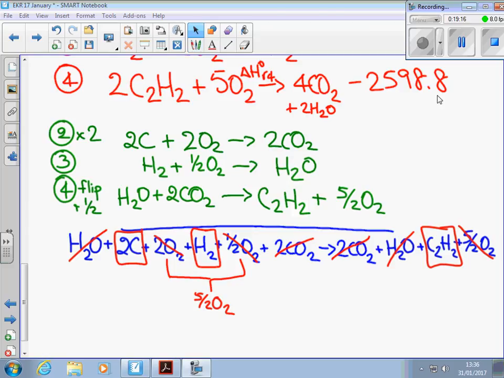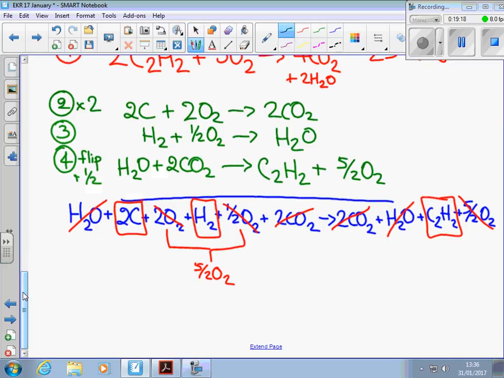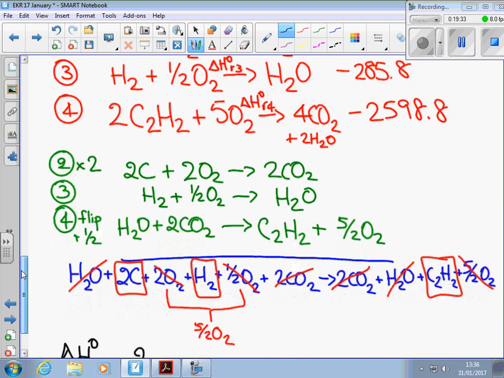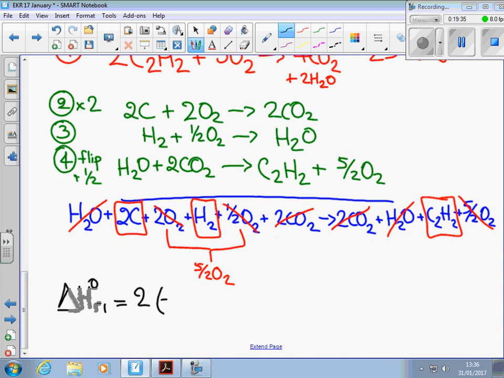And our calculation, therefore, to get our delta H naught R1, we're going to need to double the value for 2, aren't we? So that's 2 lots of -393.5.